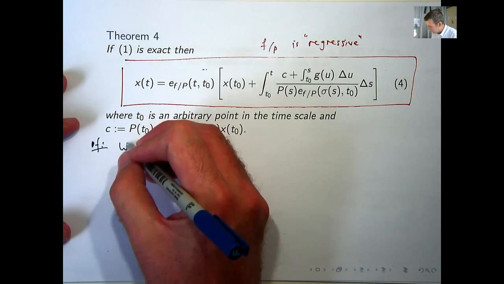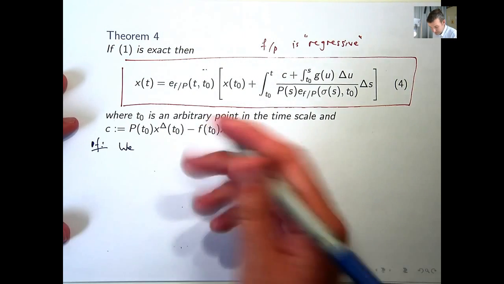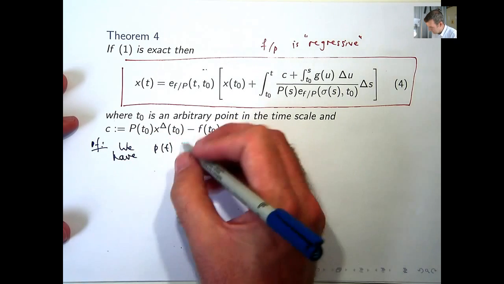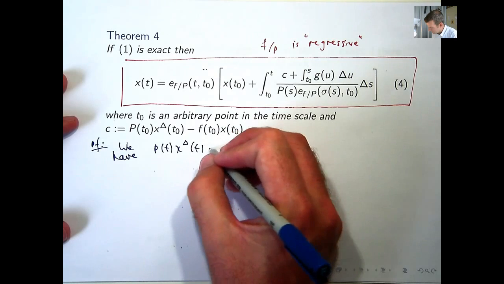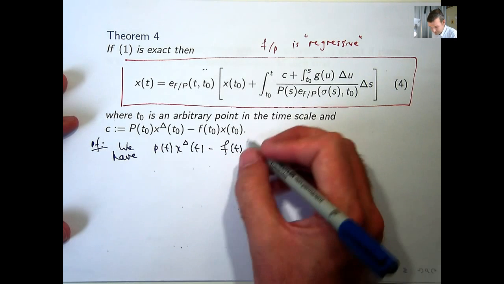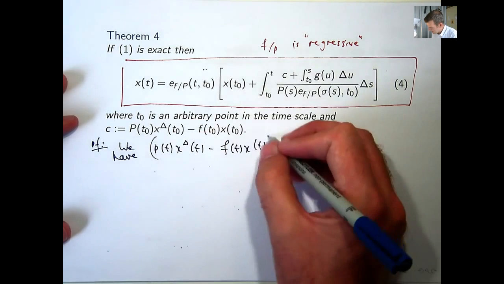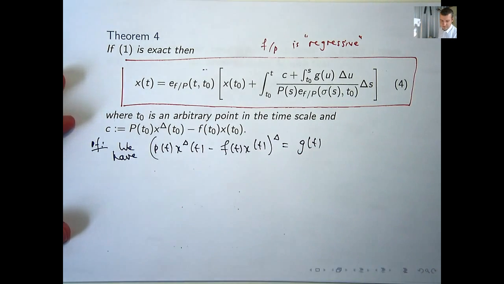So since our problem is exact, we can sort of compact it. We have, so there is some f such that we have the following.